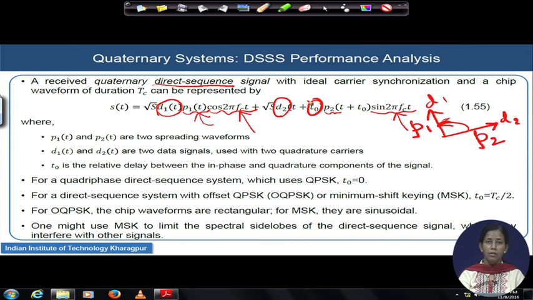So, I repeat, in this quaternary system we have two carriers simultaneously carrying two different data symbols. The data symbols are symbolized here as D1 and D2.